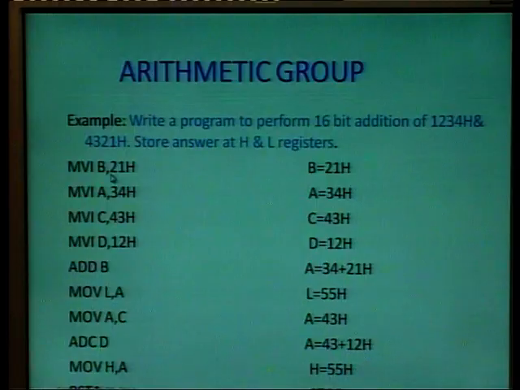The lower order number of 4321 is transferred to B, then in A 34, 43 in the C, 12 is transferred to the D, then we perform ADD B, which means B will be added to the accumulator, and then move accumulator to L, move C to A, ADC D, move A to H and then RST 1.